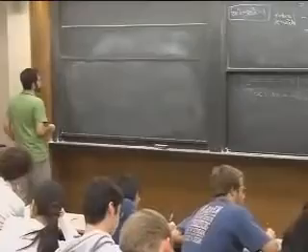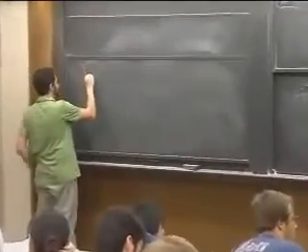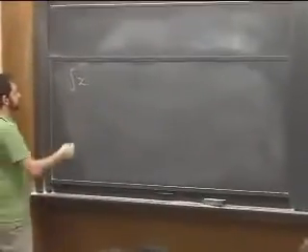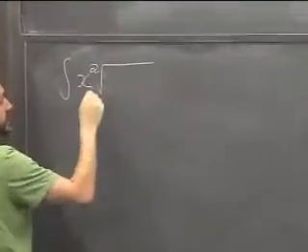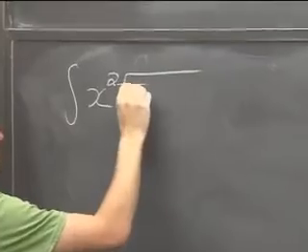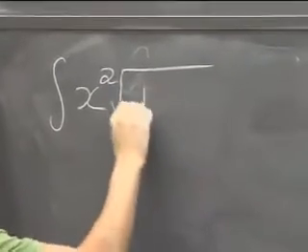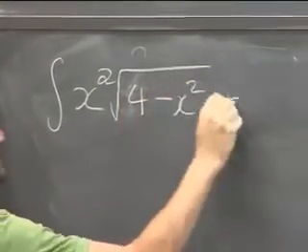I don't know, suppose we do something like this. x squared root, let's do it simple, 4 minus x squared dx.